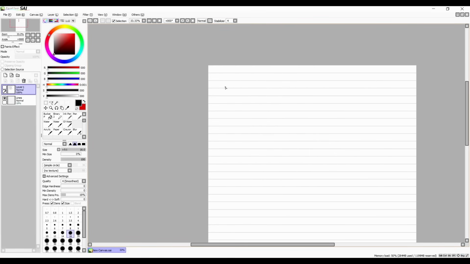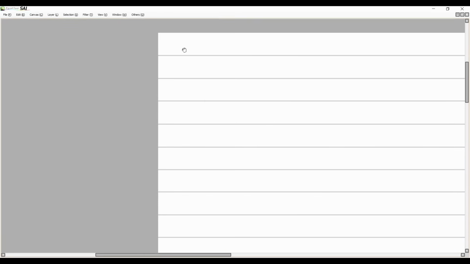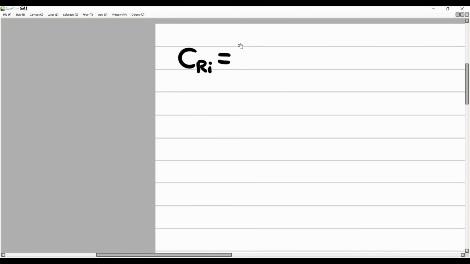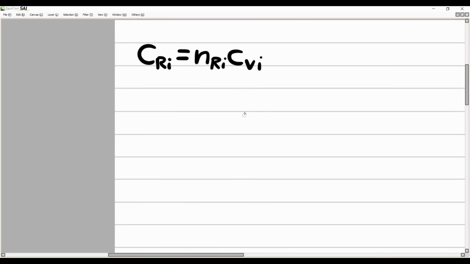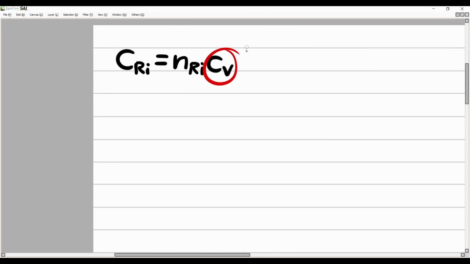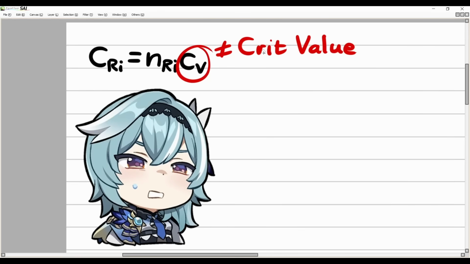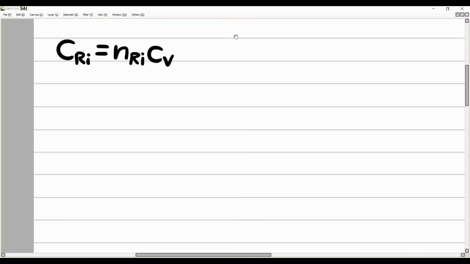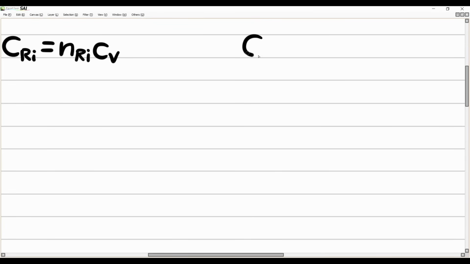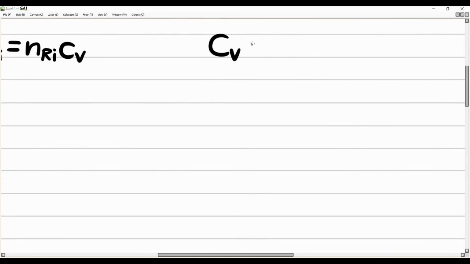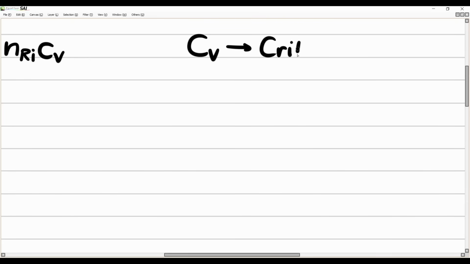So, now, let's take a look at my case here. What did I exactly do? I could use CVI here, but technically speaking, because we're only considering crit stats and everything is kind of related, you could just use one single value for this CV. And another thing to note, this is not crit value. It is an unfortunate notation on my part, and I apologize in advance for that. I will specifically let the capital C with a subscript V be the crit value.